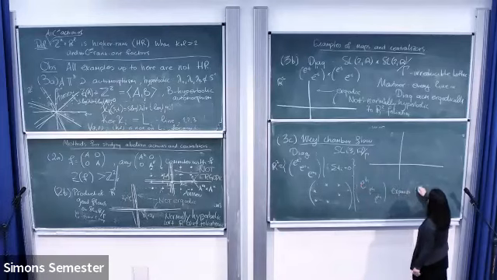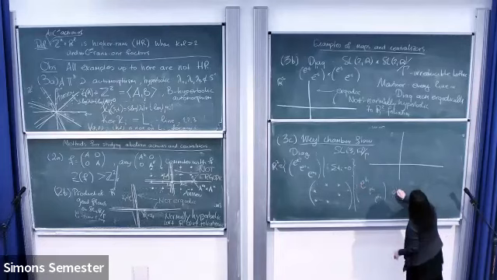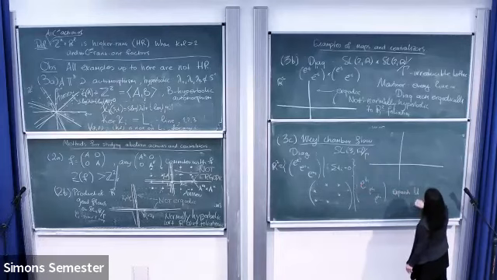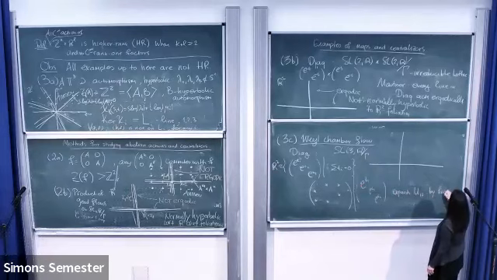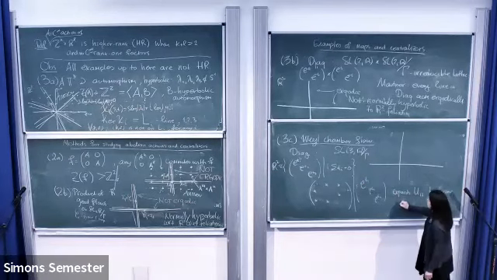For example, U1,2 by a factor e to the t1 minus t2.